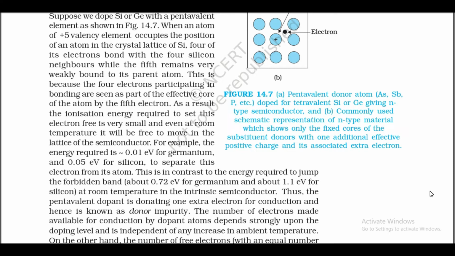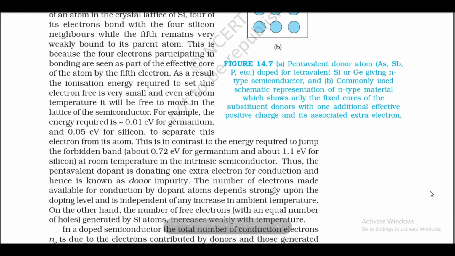Thus, the pentavalent dopant is donating one extra electron for conduction and hence is known as donor impurity. The number of electrons made available for conduction by dopant atoms depends strongly upon the doping level and is independent of an increase in ambient temperature.